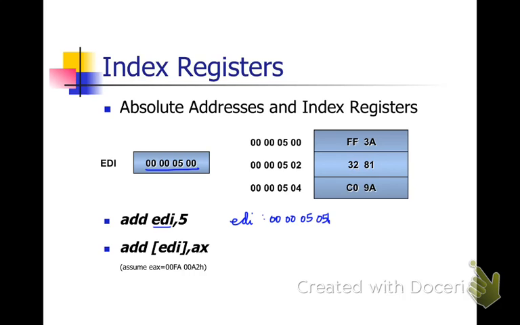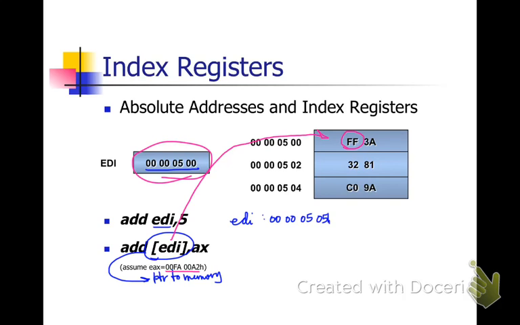In this case, and this is really the beauty of the index registers, when I put the square brackets around it, I am using EDI as a pointer to memory. So EDI has this address, and it is pointing right here at the first byte, which would be that one.